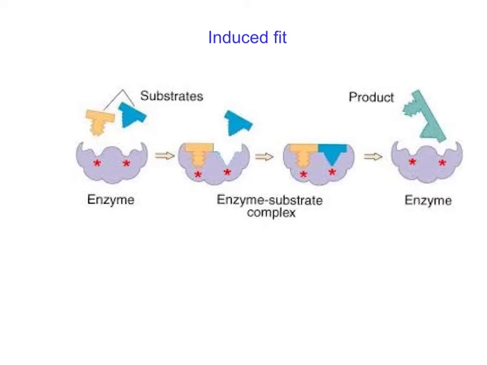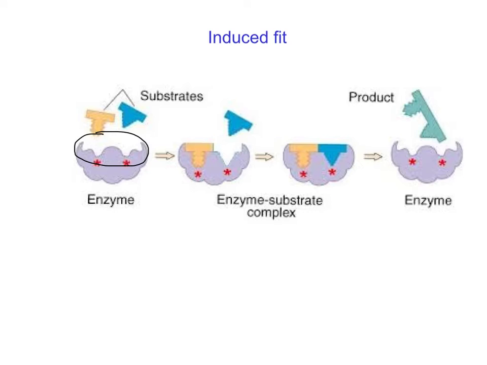So what we have here is a picture of induced fit. We were talking on the previous slide that enzymes were substrate specific. They would only bind with certain substrates, and that is roughly based upon their shape. As we look at this picture, you'll see this enzyme has a loose shape that goes with these T-shaped and triangular shaped substrates.